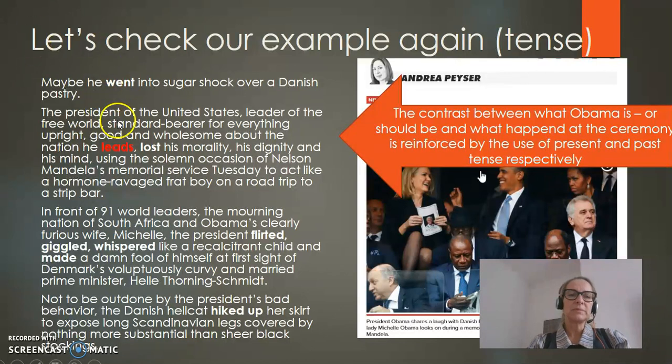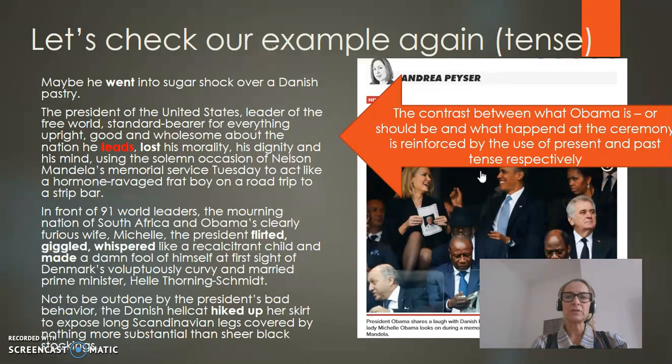So the present tense leads is what he should be, or what he is, and the contrast into he lost his morality and he giggled and whispered and flirted, that reinforces the story of the big fall of the president.